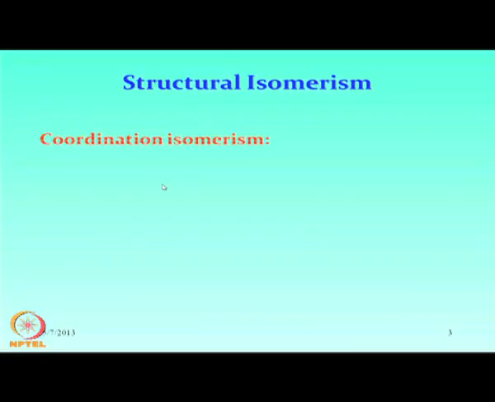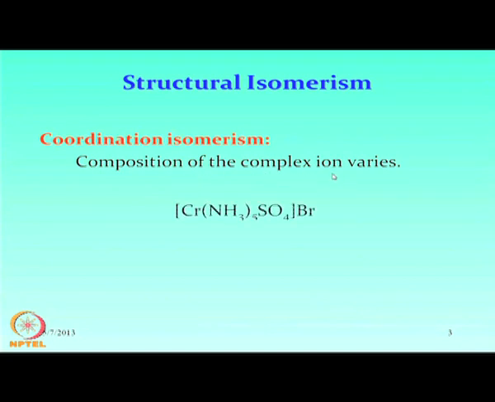So, this particular isomerism, starting from coordination isomerism, is where the composition of the complex ion varies, which is very important, because when the species entering, like your Cl minus substituting the ammonia molecule, the basic composition of the complex ion is changed.